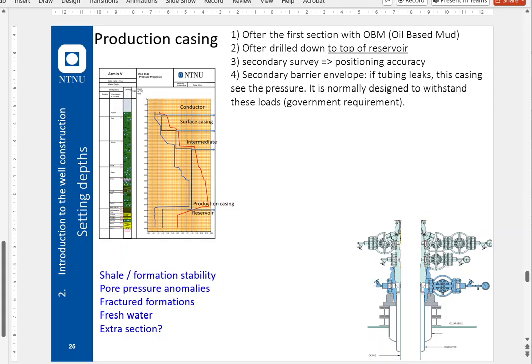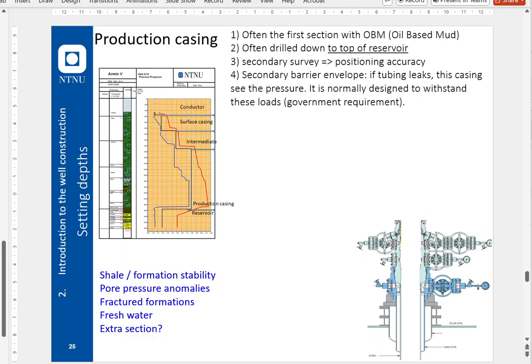Production casing. Production casing is the backup in well integrity for the tubing, and it has to be certified with the same pressures and stress levels as what you do for tubing. Tubing being the most exposed string that you design in the well, exposed to the highest temperature changes, which again gives the highest stress levels.